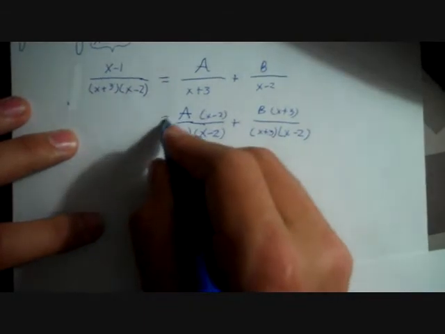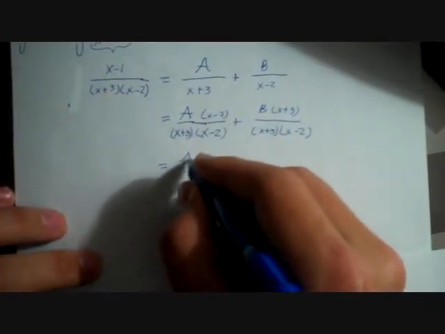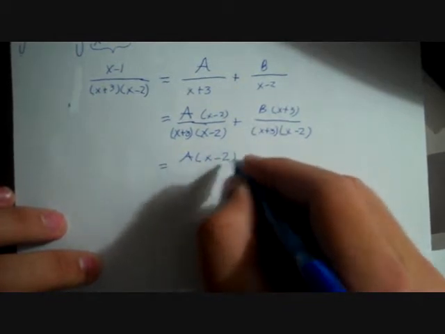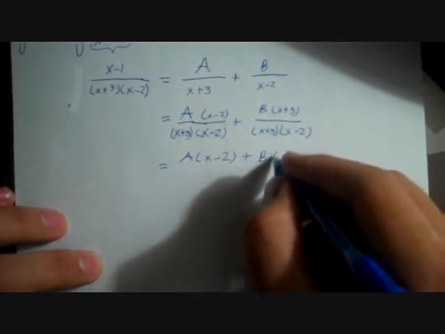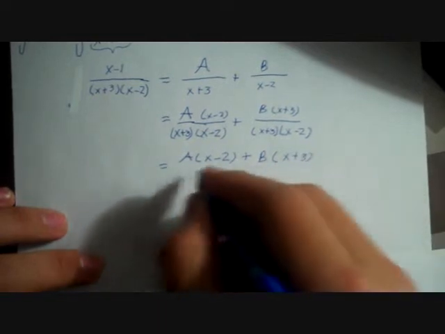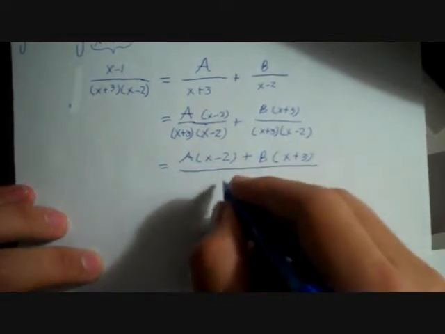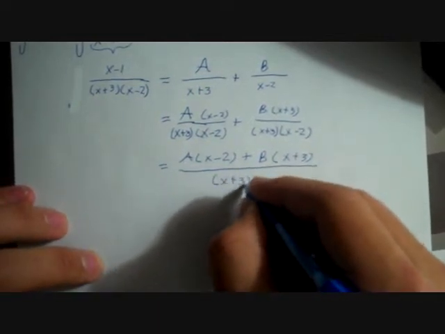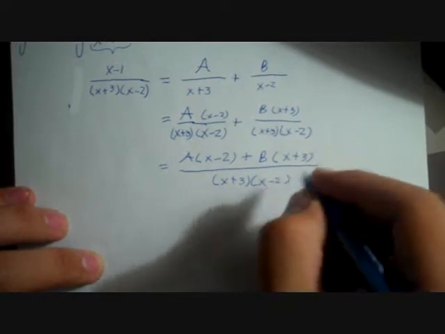Now they have the same common denominator, so let's combine them. We have a times x minus 2 plus b times x plus 3, all over this single common denominator of x plus 3 times x minus 2.